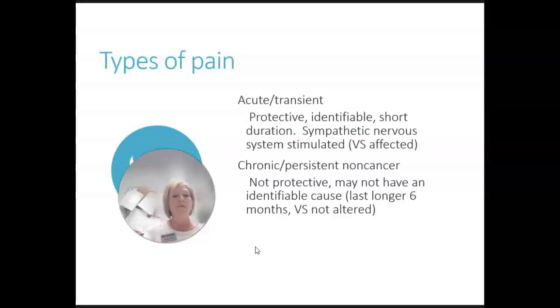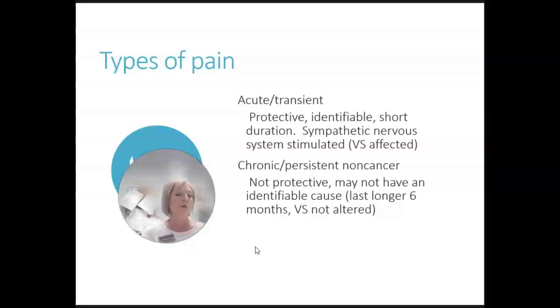Where chronic or persistent, that is non-cancerous. Cancer pain's a little bit different, but this is non-protective. It may not have an identifiable cause. Maybe this is somebody that has fibromyalgia and they talk about pain all over the body. Somebody that has rheumatoid arthritis and it's chronic all over the body. This is pain that lasts longer than 6 months.